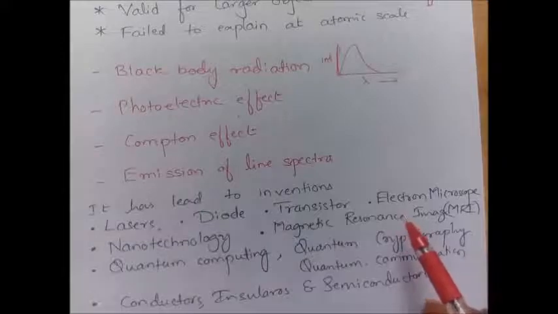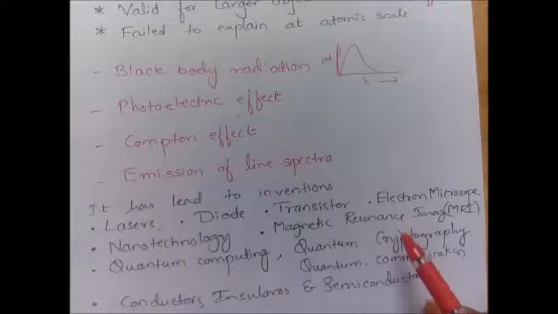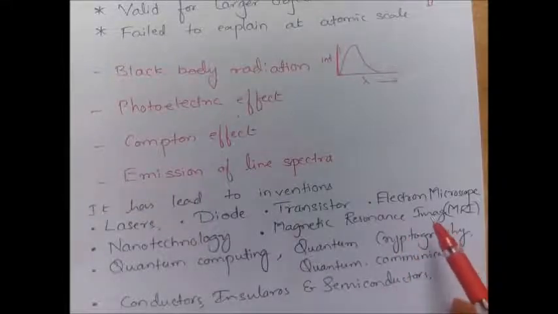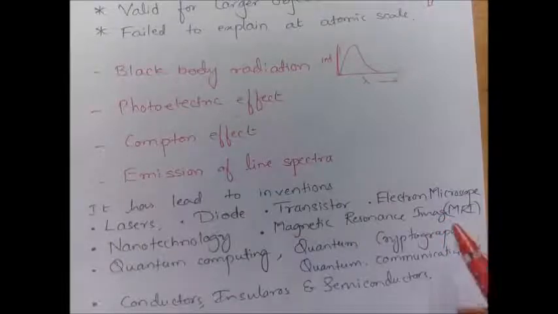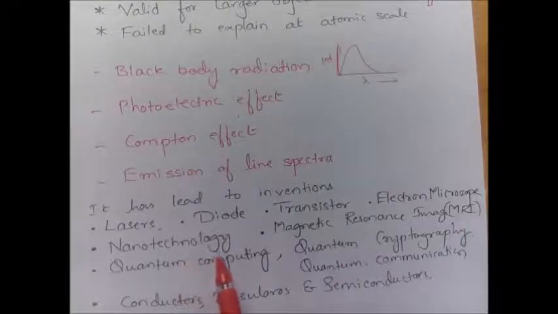There the electrons are hit to the object which we want to look at, and it will give us the image of that particular object at the nanoscale. And the whole of nanotechnology is dependent on quantum mechanics.